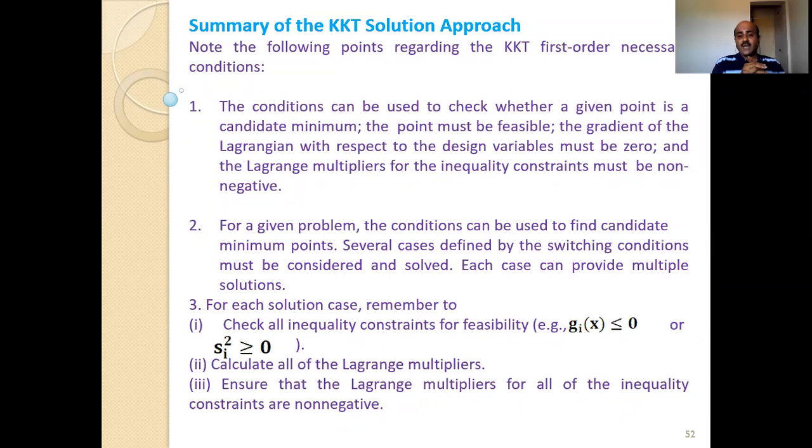Calculate all of the Lagrange multipliers. And the last one is, ensure that the Lagrange multipliers for all the inequality constraints are non-negative. So these are the three important points, a summary of the KKT solution approach.